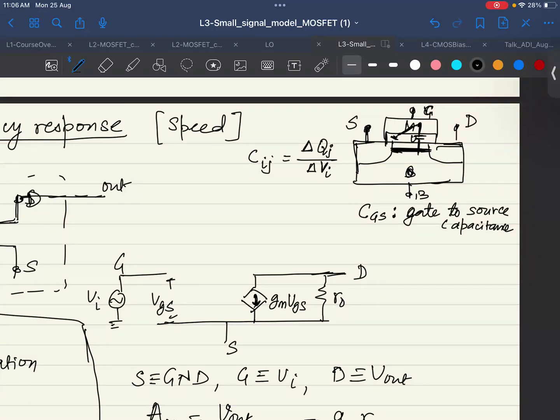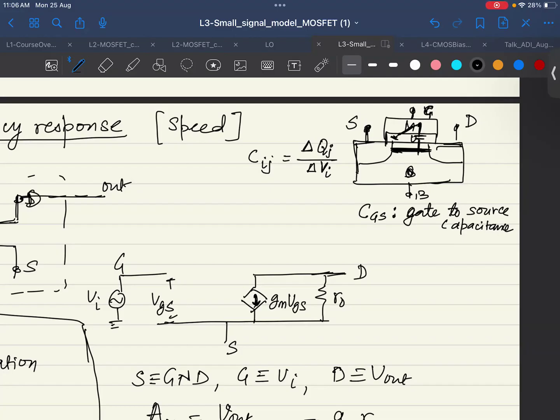And that is what happens here: when I change the gate voltage, as a response there is a charge change happening in the channel. And the charge is not at the channel itself, because what is the node at the channel? There is no node at the channel, right?